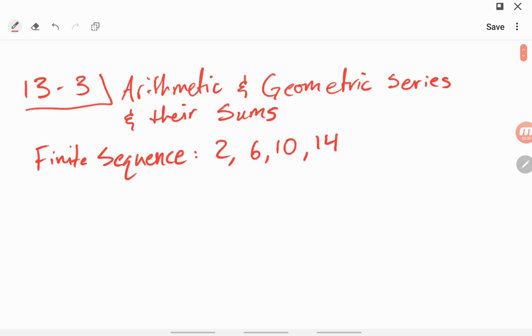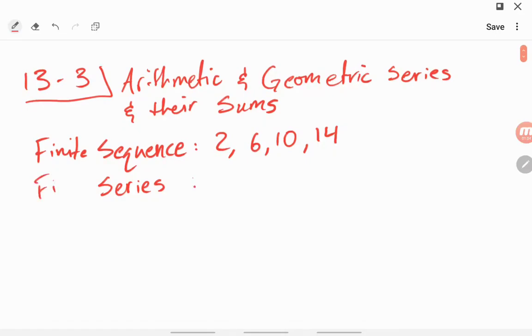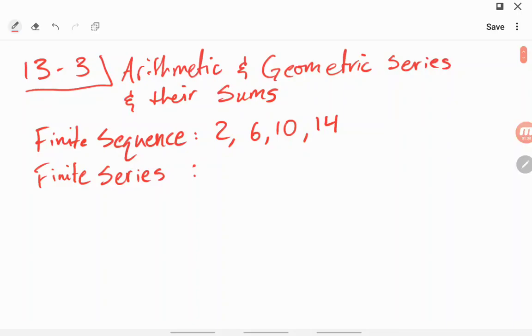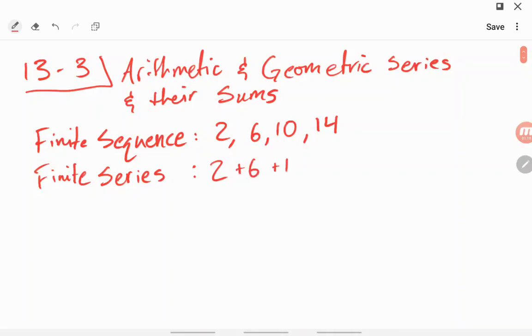Now, if we wanted to write that as a series, what I'm going to have to do is write this as a sum. So this is going to be 2 plus 6 plus 10 plus 14. So a series should be considered as the indicated sum of the terms of a sequence.